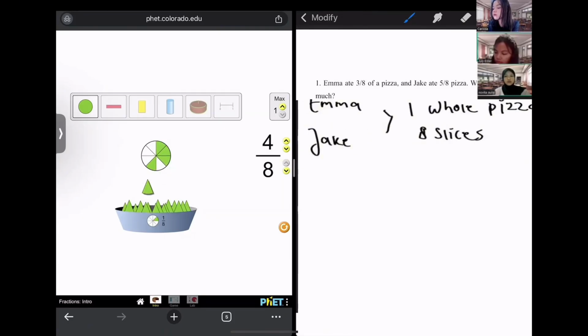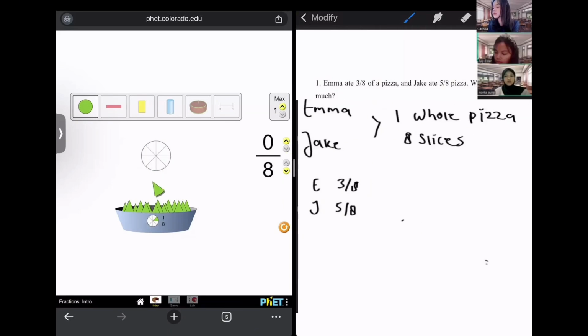So we have 1 whole pizza with the denominator, or the total slices of pizza, being 8 equal parts. Now, since Emma ate 3 slices, we can take it right here. 1, 2, 3. Now, the remaining are, for now, 5, Miss. Okay, 5 slices of pizza. And then Jake ate 5 slices of pizza. Take it out right here.